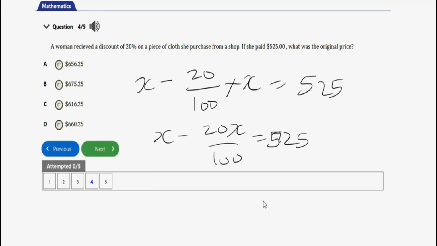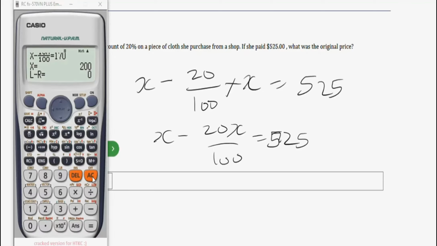Let's punch it in the calculator. So we have alpha x minus a fraction 20x over 100, equals $525.